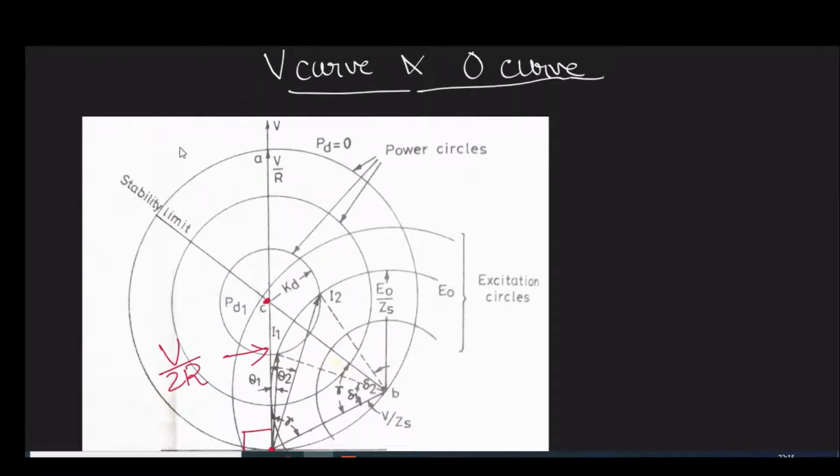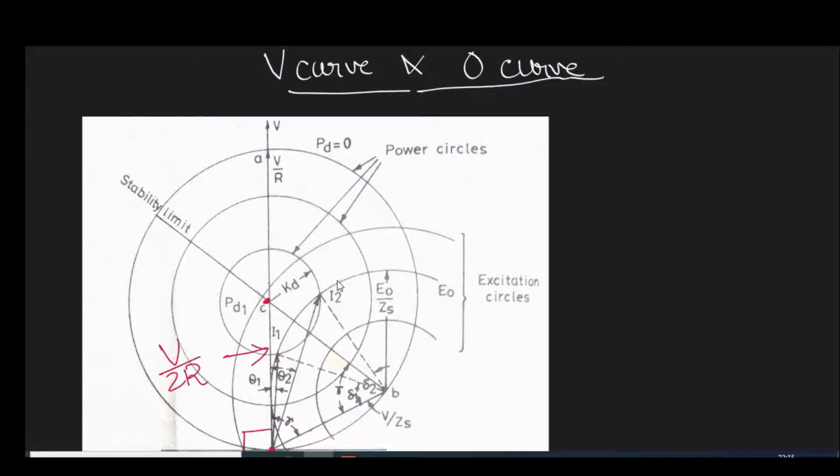Now we can form different concentric circles, and depending on the load power factor, we can have different values of current.